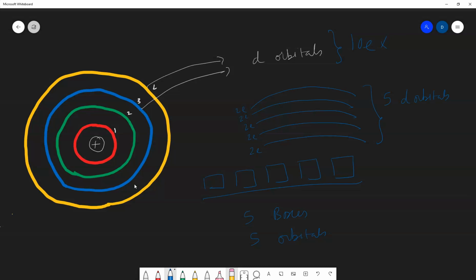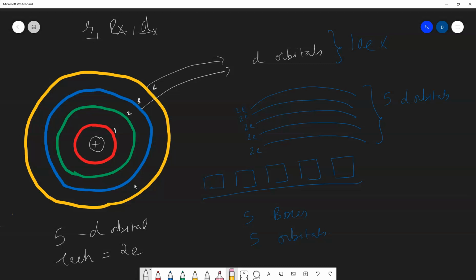So you can also say that there are 5 d orbitals, and each orbital can have a maximum of 2 electrons. It doesn't matter whether the orbital is an s orbital, one of the p orbitals, or one of the d orbitals. Each orbital can have a maximum of 2 electrons.